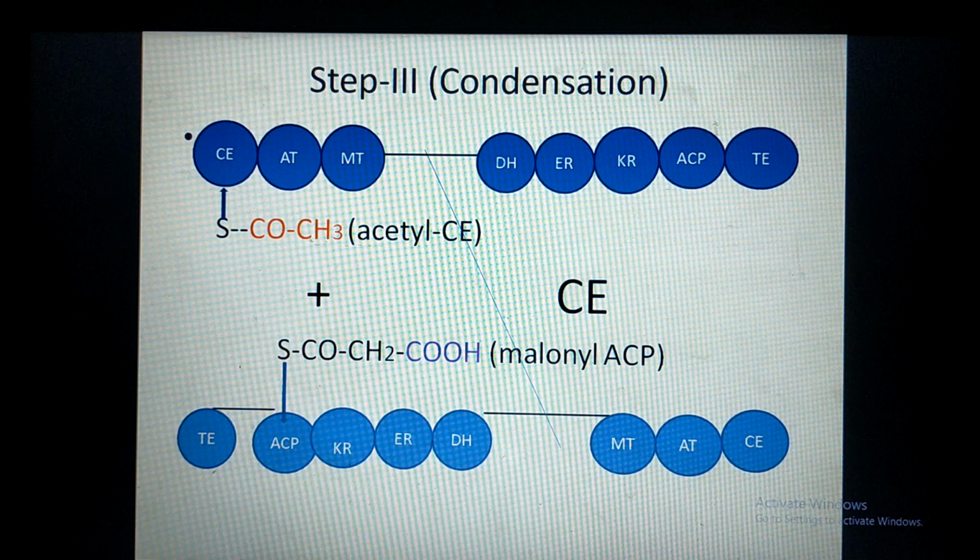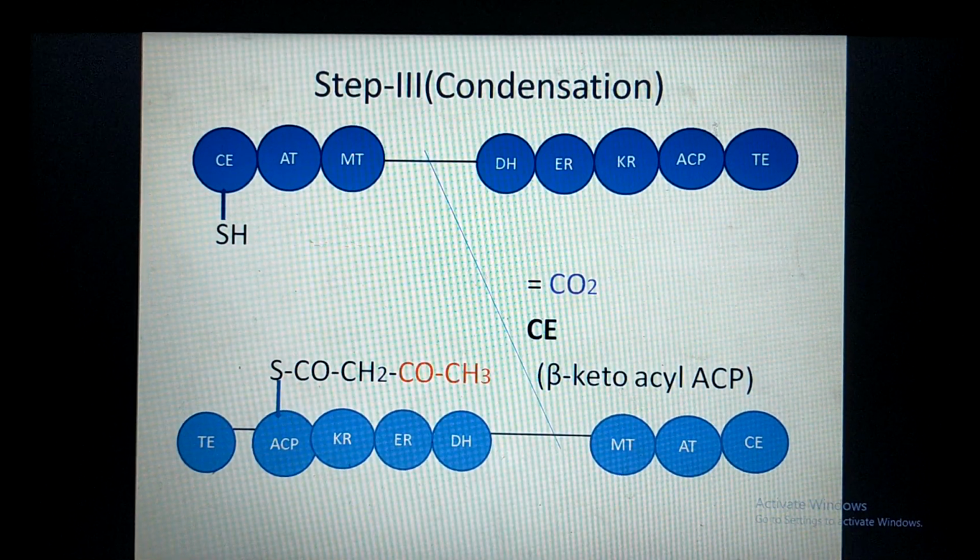So the malonyl group, COCH2COOH, that COOH is removed, and now the malonyl group becomes COCH2. Then the acetyl group from the condensing enzyme is added to this decarboxylated malonyl group with the help of enzyme, condensing enzyme. So in this way, the 4-carbon beta ketoacyl ACP is formed.